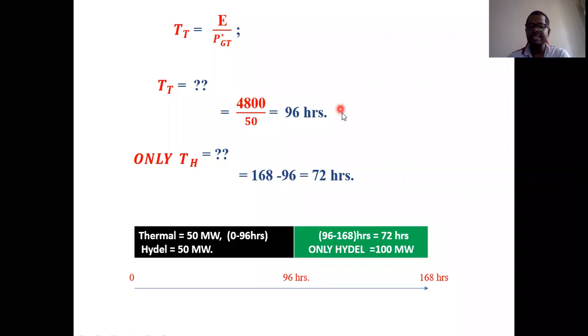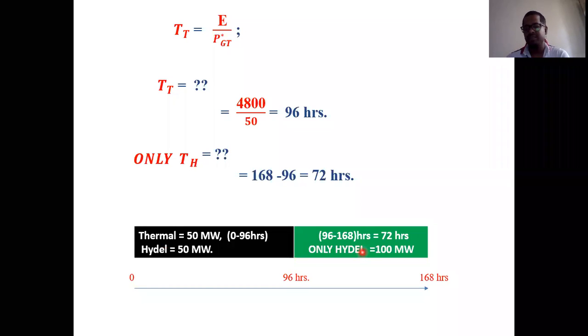Similarly, coming to the second slot. What is the second slot here? From 96 hours to 168 hours, that is a duration of 72 hours. In these 72 hours, only the hydro power plant is producing power. How much power does it have to produce? Whatever power is there in the load, the same amount must be produced by the hydro power plant, because practically we need to meet the load.